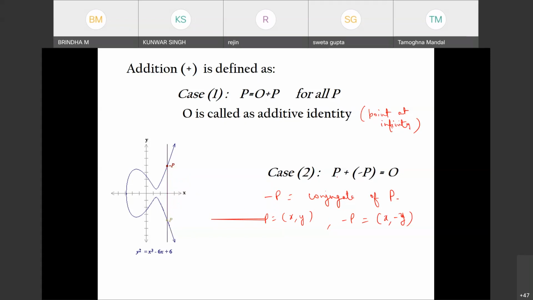So if you add P with this conjugate point, you will get the point at infinity. This is the way it is different. So this is case 1, case 2. If you add the point at infinity to any P, then you will get P. The second thing is if you are adding P and the conjugate of P, you will get the point at infinity.